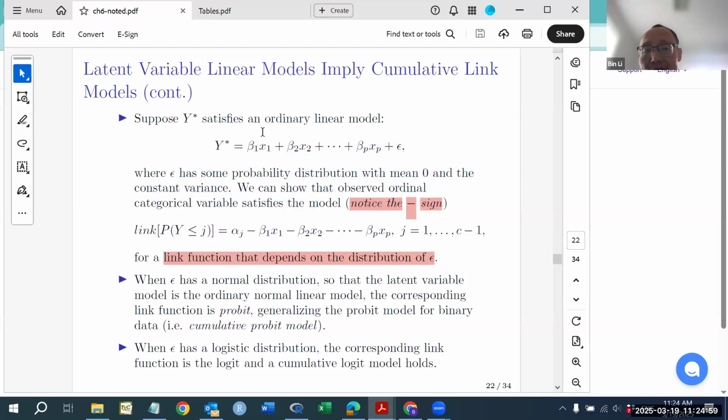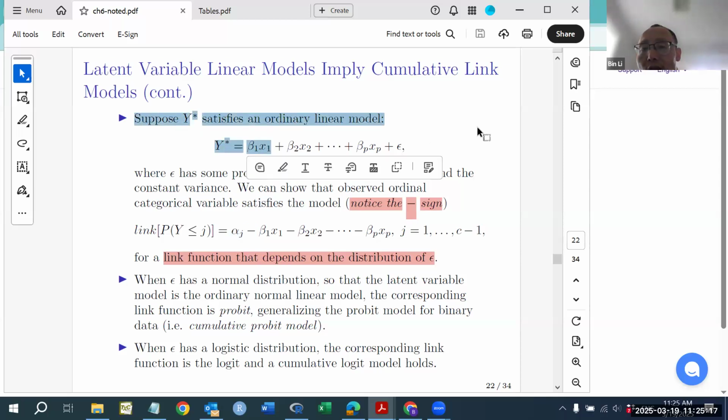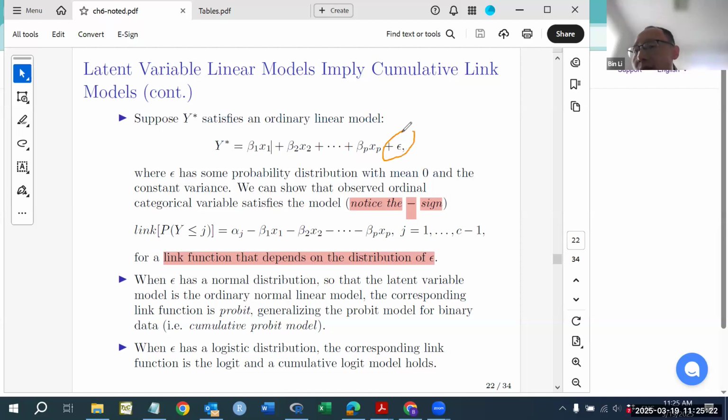The sign is different for the beta, right? And second, for this one we have an intercept, for this one we don't. And actually, there's another difference. For the latent variable model, we have an error term. But here we don't have an error term. We just model the probability directly. Okay, so that's the difference.